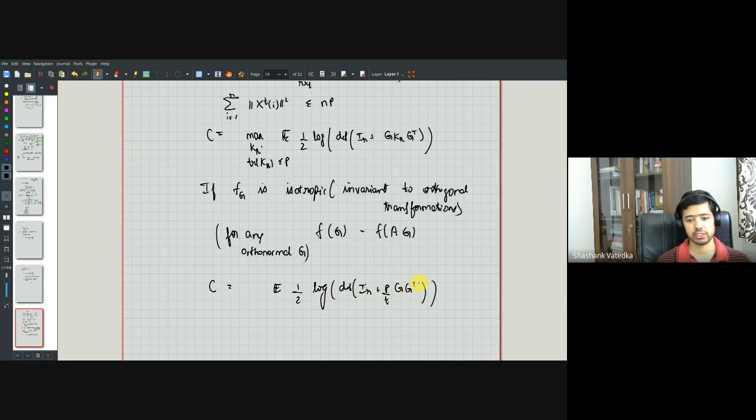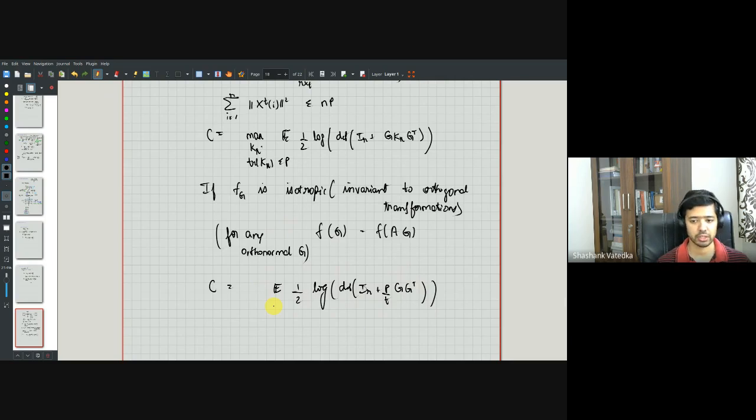For a slow fading channel, again you use the outage approach if you have channel state information only at the receiver, or if you have the full channel state information both at the transmitter and the receiver, then this rate is achievable on average.